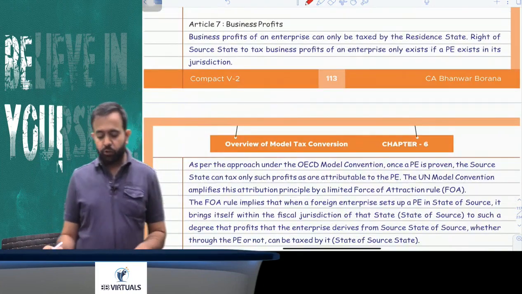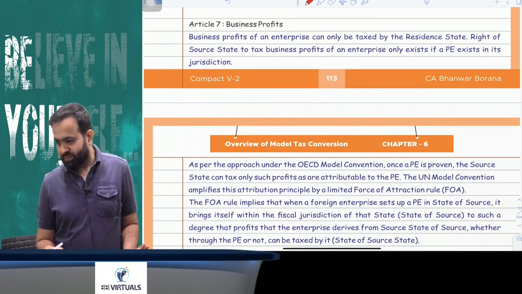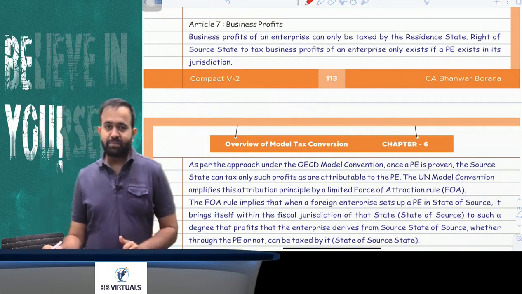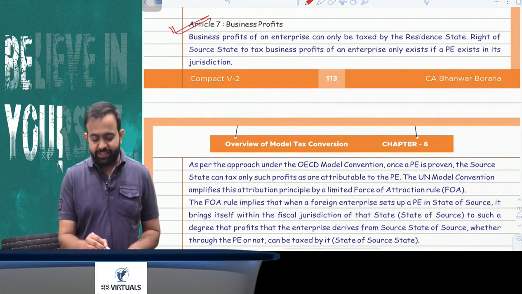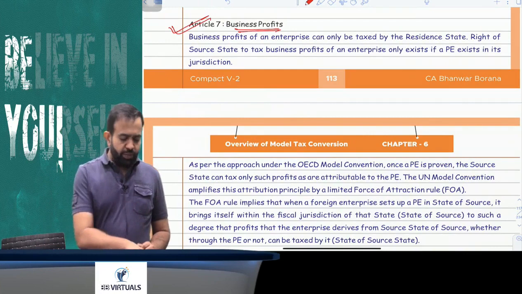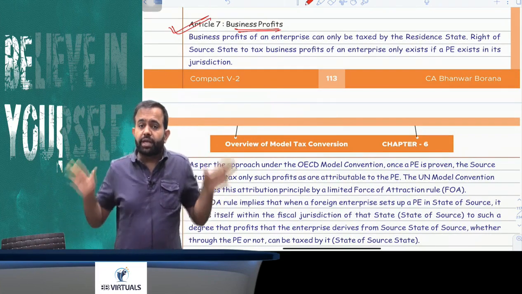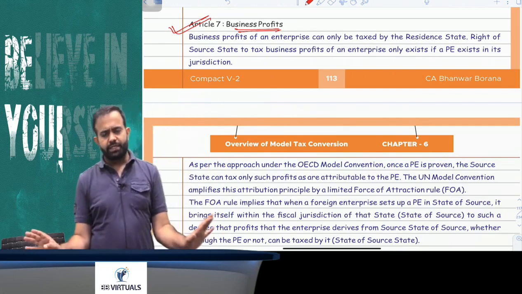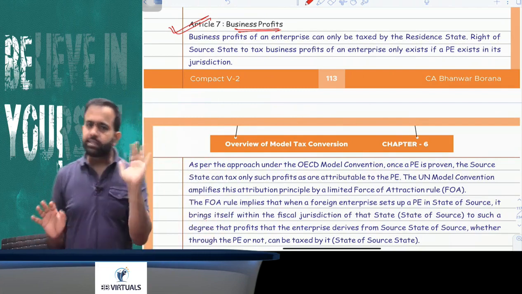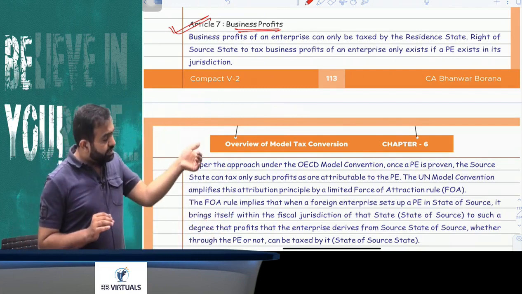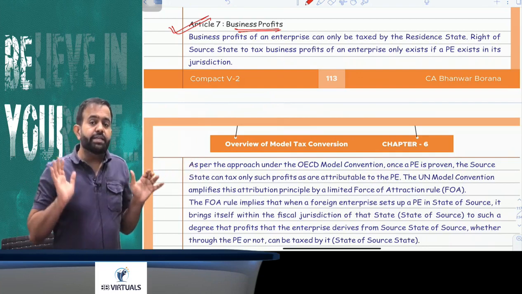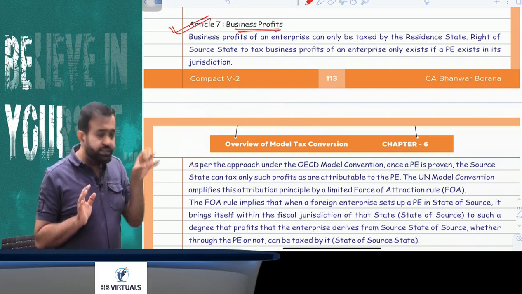Now the next part is related to business profit. That is the interesting part. Which country will tax business profit? Always remember that the resident country has the right to tax income. Every resident country has the right to tax income. The source country can tax only in certain cases.